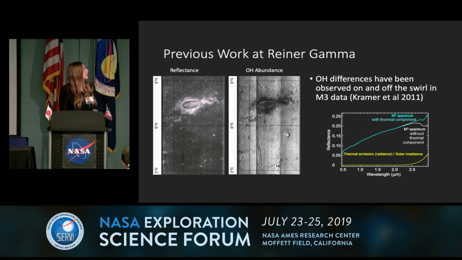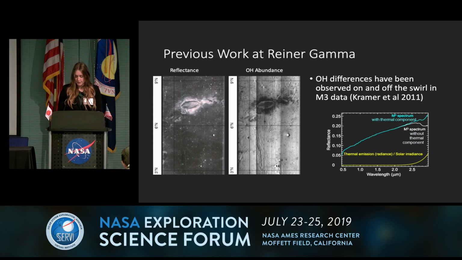So basically, if you don't correct for thermal emission, you'll get a spectrum kind of like this, which doesn't show an absorption feature near 3 microns, which indicates OH or water. However, if you model the thermal emission radiance, which gets started right in that area, then you can remove that and see the absorption feature.